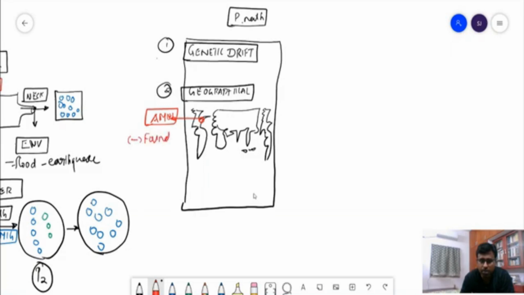As I said, founder effect. That is, first an initial small population is there. It selectively migrates to that place, and they breed only among themselves, so inbreeding will be there.